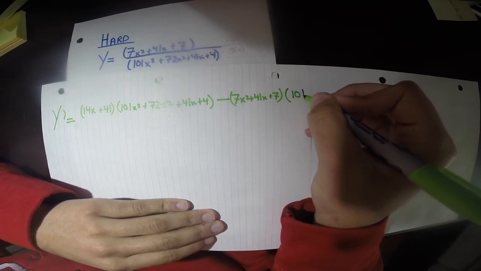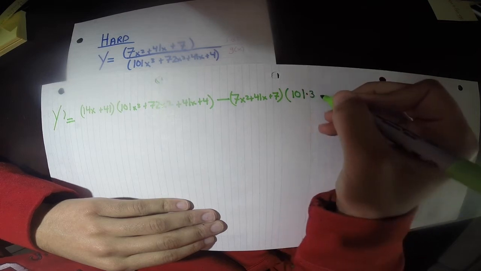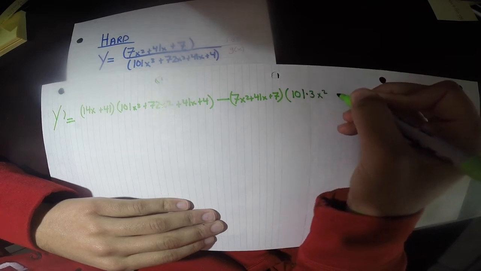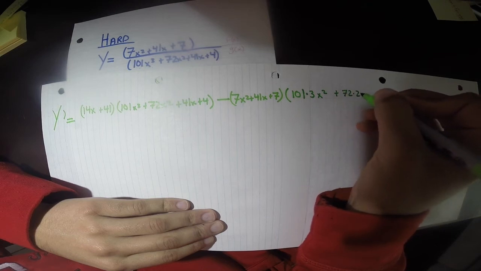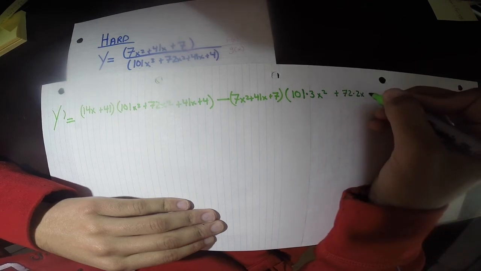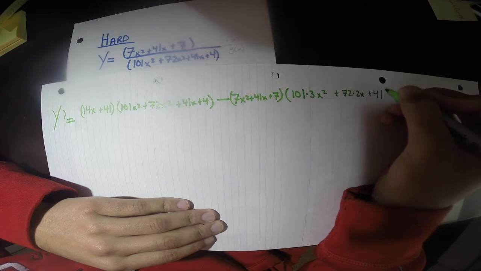101 times 3x squared plus 72 times 2x plus 41.